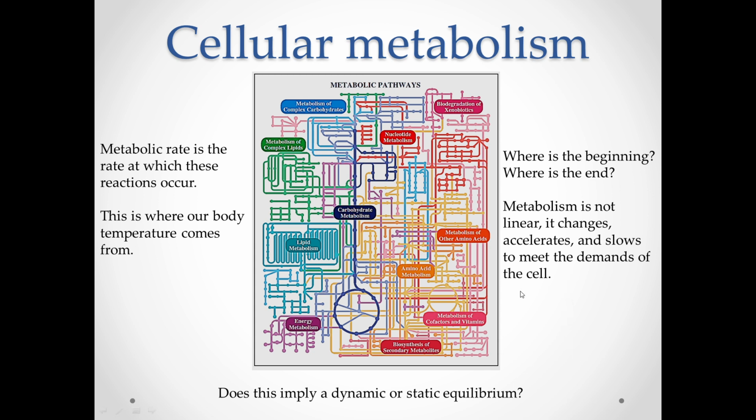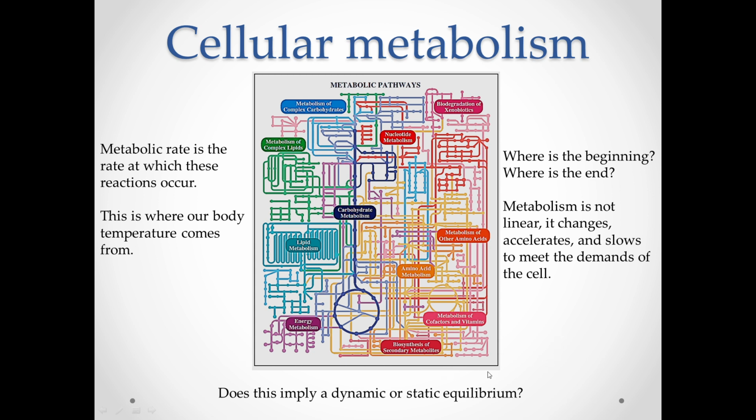Now, another important aspect of this system is that metabolism is not linear. It changes, it accelerates, and it slows to meet the demands of the cell. And it also changes throughout the day. When somebody is sleeping, their metabolic rate tends to be slower than when they are active or when they are exercising.